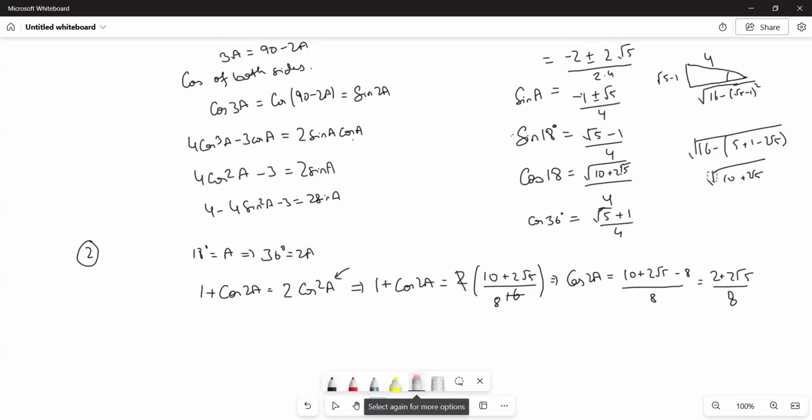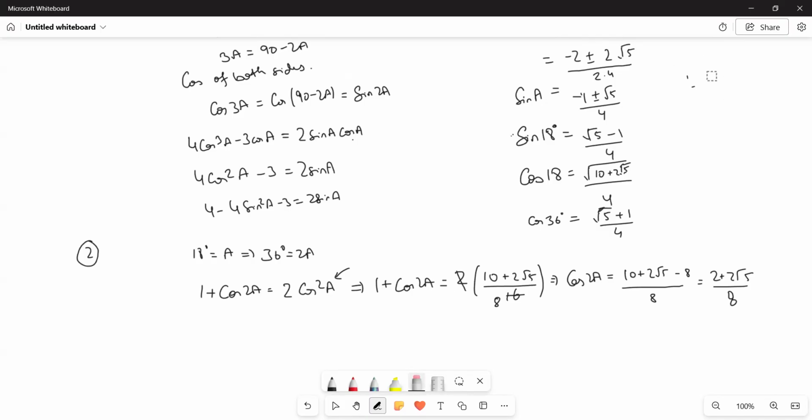And now that we know cos 36, try finding the value of sin 36. When we solve in the same way, sin 36 degrees will come out to be root over 10 minus 2 root 5, whole divided by 4. So these are the standard angles that you need to remember: sin 18, cos 36, sin 36.